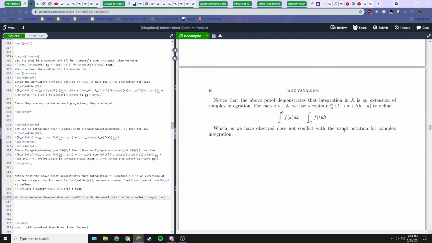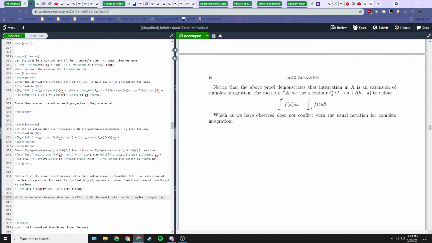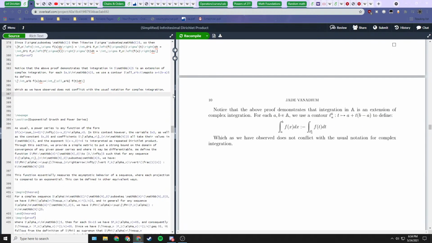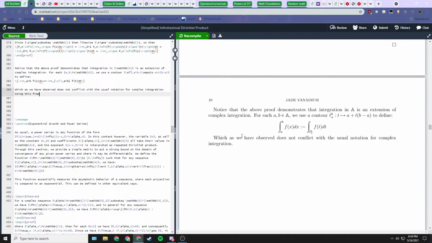Right, so in order to utilize this, we define these linear paths, define this sort of linear integration from A to B. This doesn't conflict with the usual notion of complex integration. Now we can go ahead, we're going to prove a whole bunch of linearity laws.